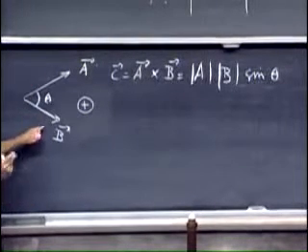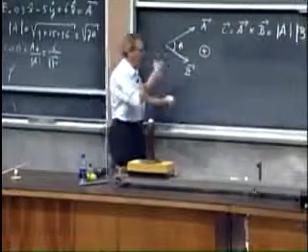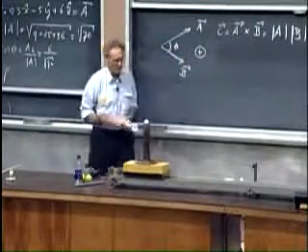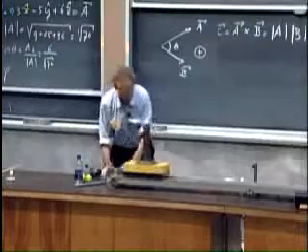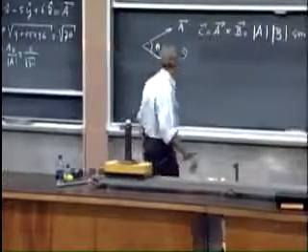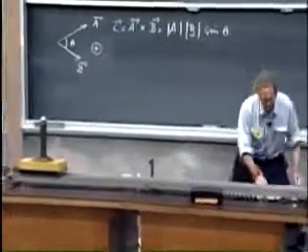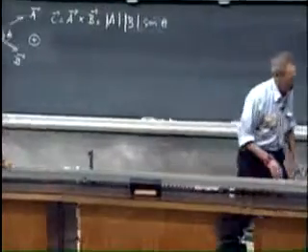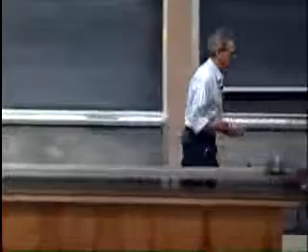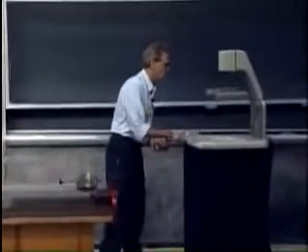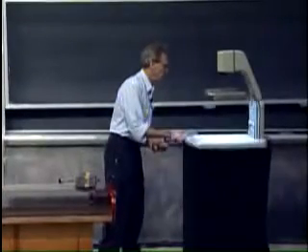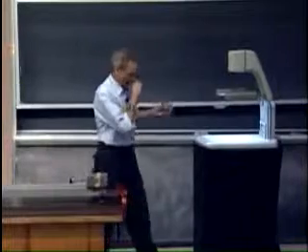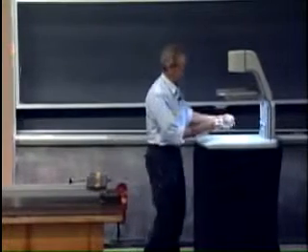But it leaves you with two choices. It can either come out of the blackboard or it can go in the blackboard. And I just told you which convention to use. And I want to show that to you in a way that may appeal to you more. This is what I have used before on my television help sessions that I've given at MIT.